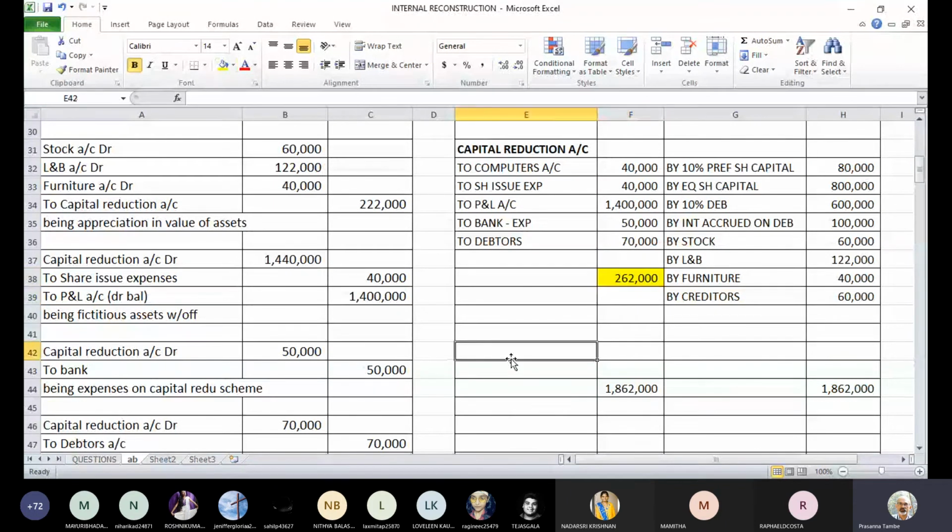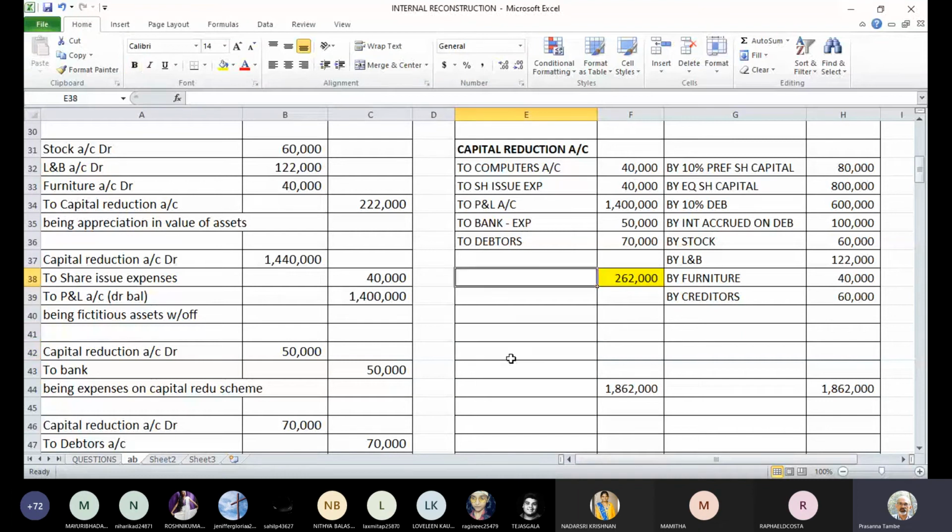What does it represent actually? Balancing figure. What does it mean? Is it a profit or a loss? Profit. It will be a profit. That's correct. So this profit will be transferred to capital reserve account.